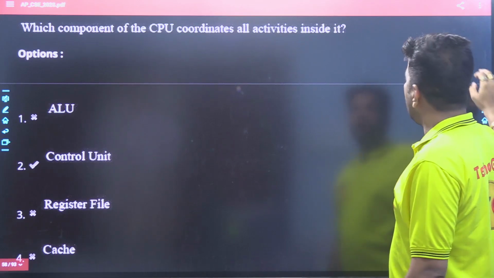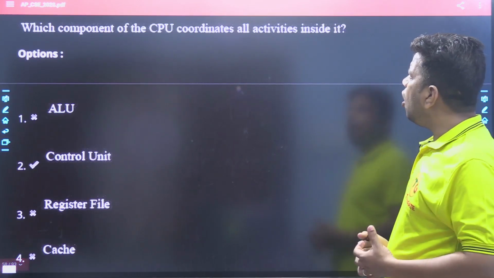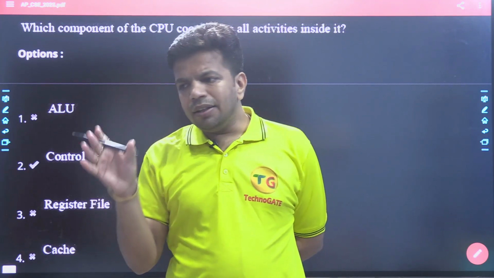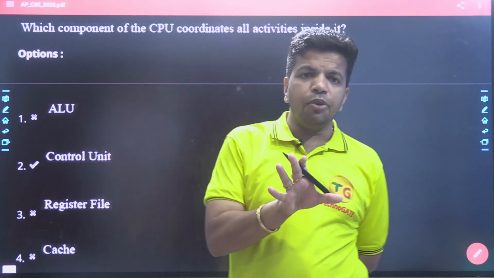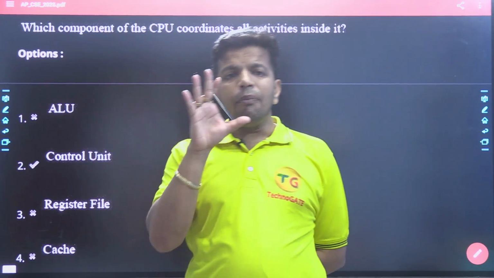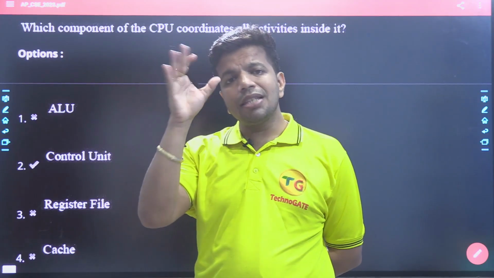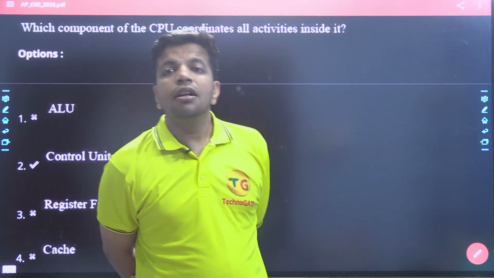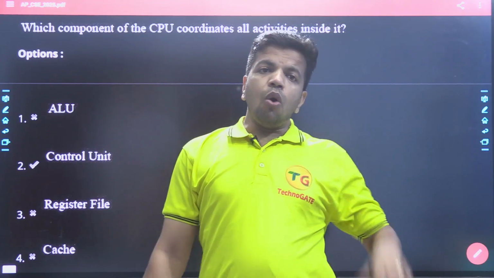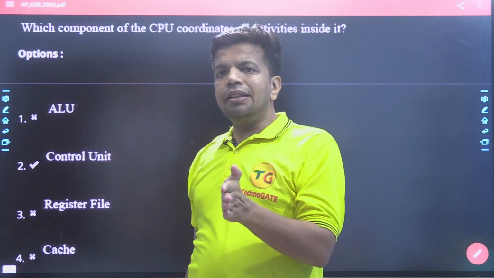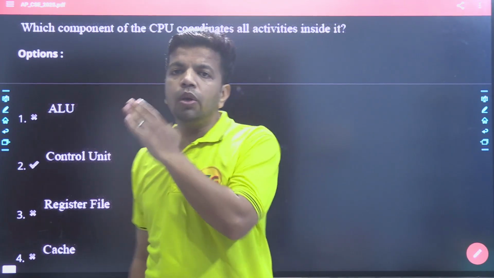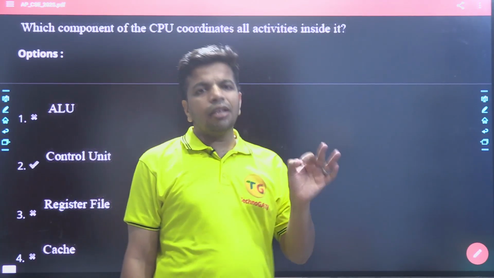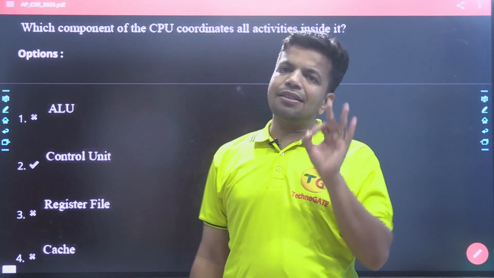Which component of CPU coordinates all activity inside it? We can say that the CPU is the brain of the computer, in which there are two units. The first one is the ALU, arithmetic logic unit, and the other one is the CU, control unit. All the tasks related to the controlling of the devices are done by the control unit, and arithmetic logic operations are done by the ALU.